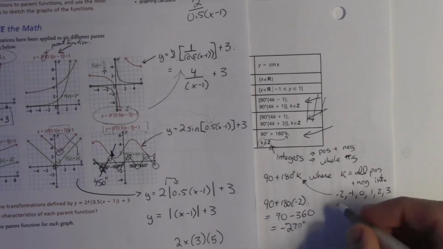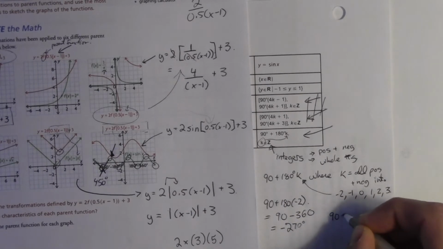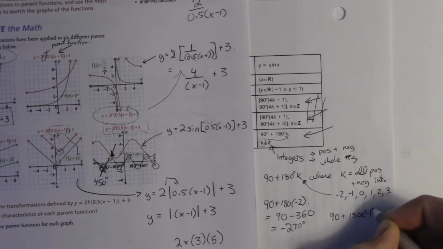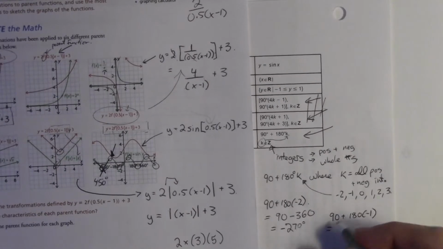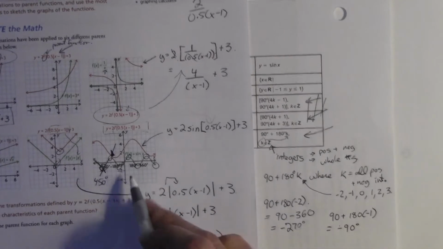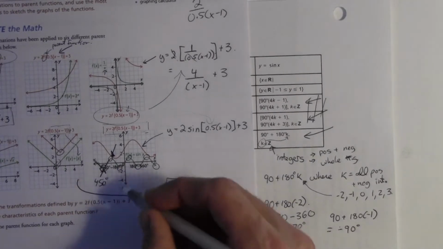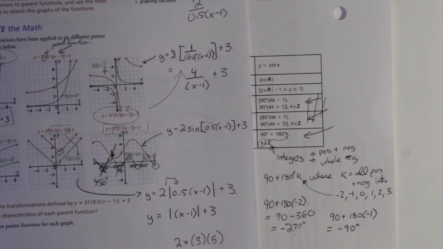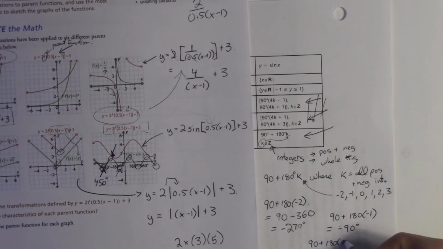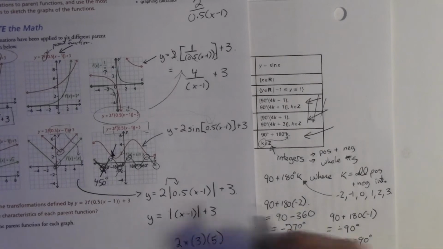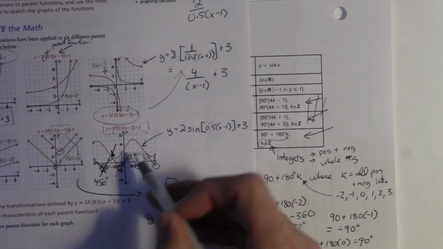So now if we sub in -1, 90 plus 180 times -1, we should have a turning point at -90. There's our second turning point. Okay? We sub in 0, 90 plus 180 times 0, we have 90 degrees, we should have a turning point at 90. And there it is.